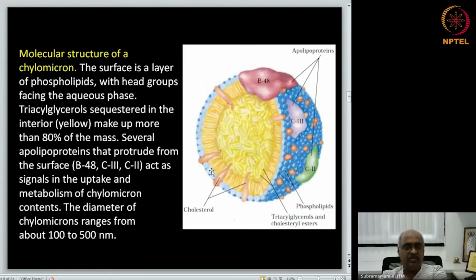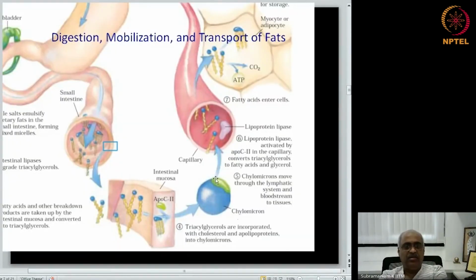And these chylomicrons are then transported through the body fluids, primarily blood, and when they go through the small blood capillaries, this ApoC2, the green structure in this cartoon, activates a lipoprotein lipase in the serum, that's part of our blood, and that hydrolyzes the triacylglycerols into free fatty acids and the glycerol.